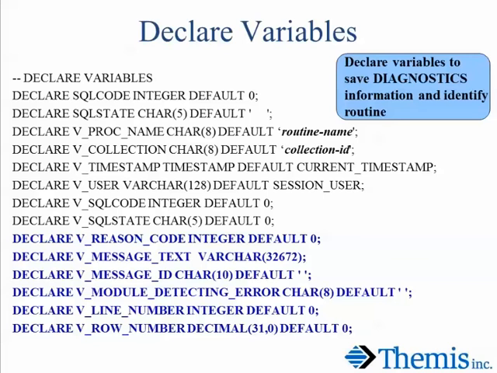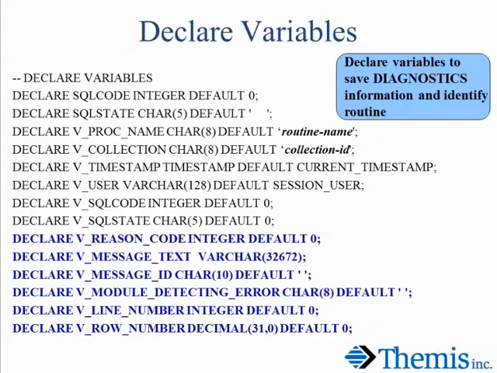Now, this is a set of variables I use frequently in my common routines. So in my native SQL procedure, I'm going to declare my SQL code and state. I'm going to set up the variables to save the procedure name, my name, the collection ID I'm bound into, when the error occurred, the current timestamp, what the user ID, the session user ID is for the auth ID.